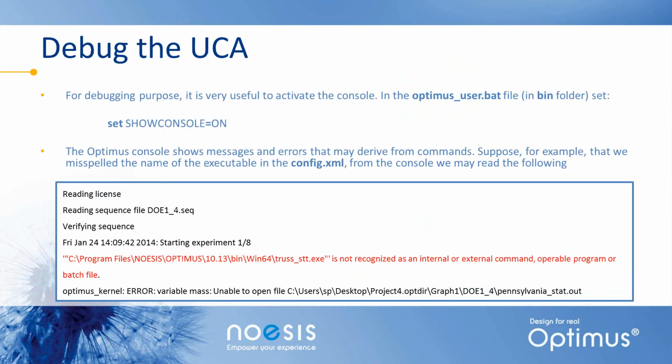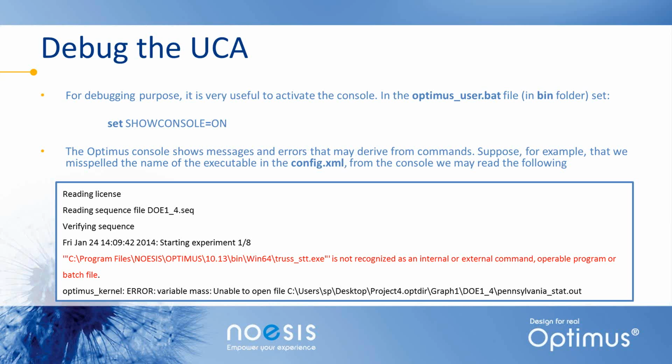And that's it. Once you have defined this XML file, your UCA is ready, and you can do some debugging on that. I recommend that for debugging purposes you turn on your console. I don't know if you are doing that sometimes in Optimus, but if you want to, you just have to open your Optimus user bat file, and there is an option there to show console.